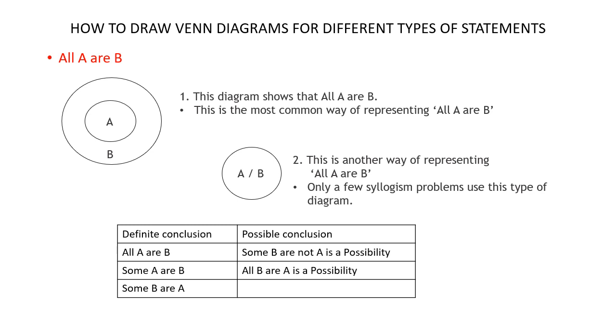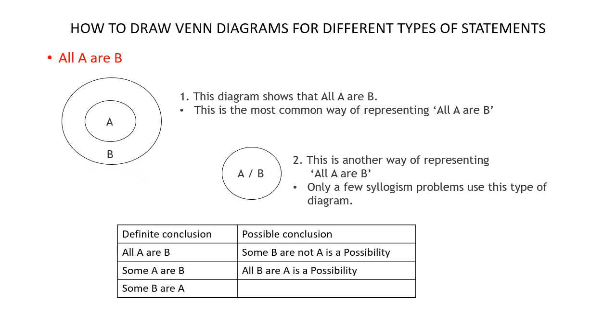So this means that circle A has to be completely within circle B. So this is how the Venn diagram for all A are B should be drawn.